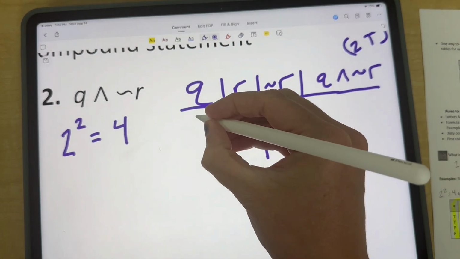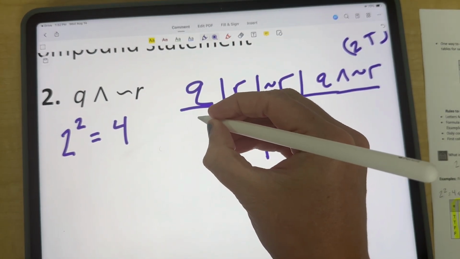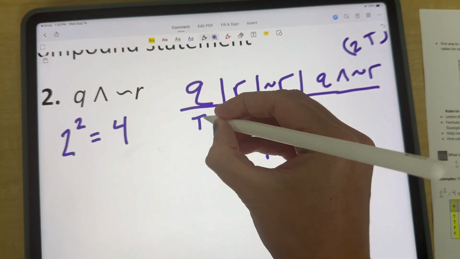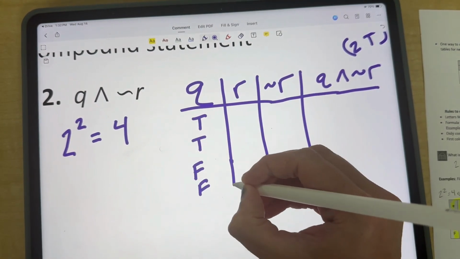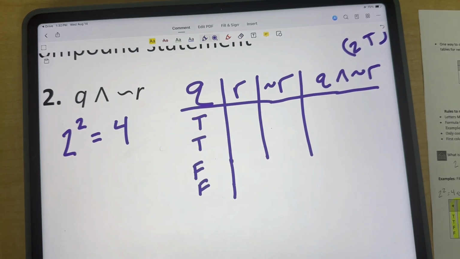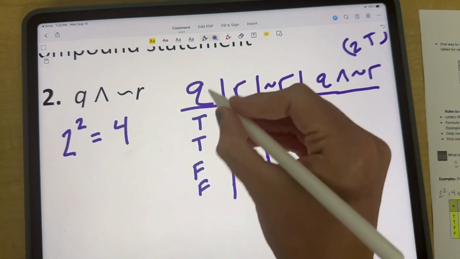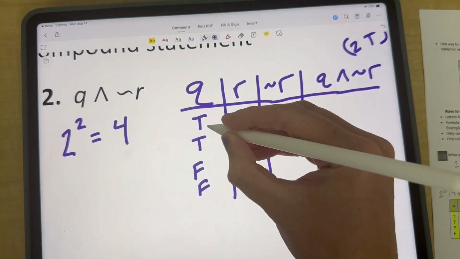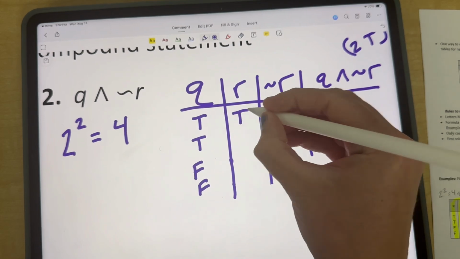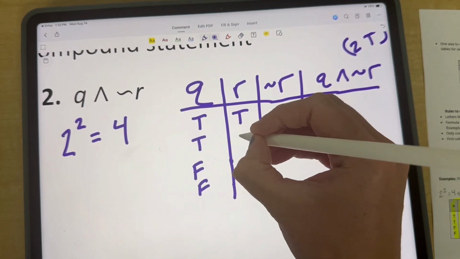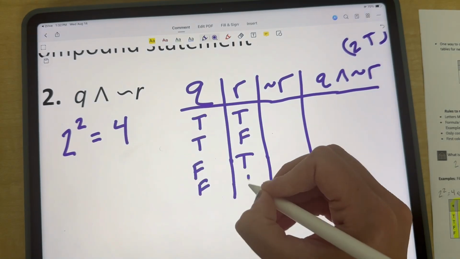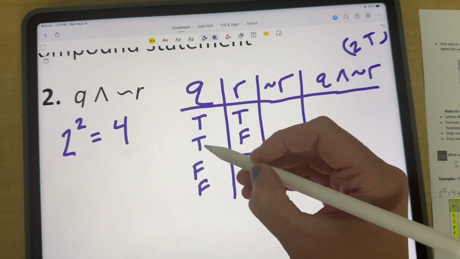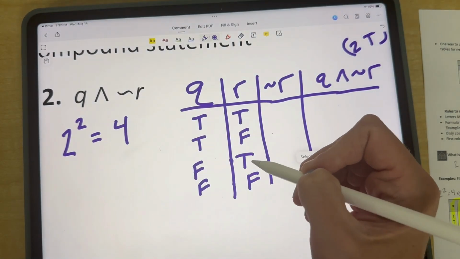So in the first one, what's half of 4? 2. So you'll do 2 trues, 2 falses. Okay, the next column right next to it, the R statements. Again, you could have true, true as an option, true, false, false, true, or false, false. So it's T, T, F, F, T, F, T, F.